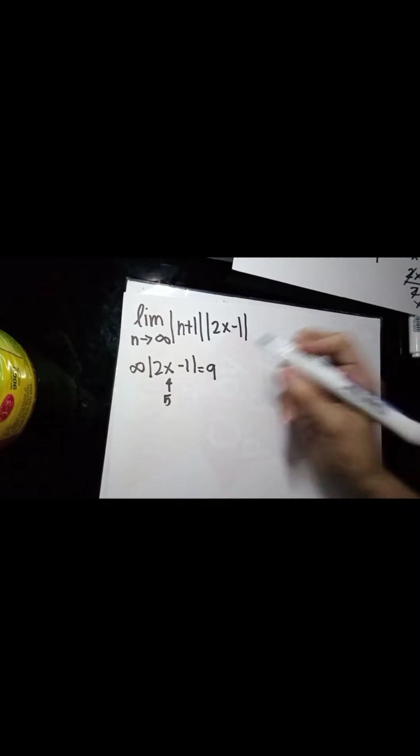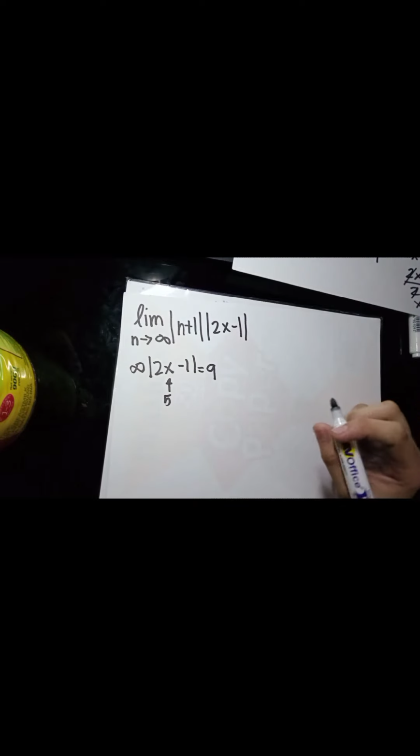So 9 times infinity is infinity. So whenever x does not equal 1/2, infinity times any kind of value is going to be infinity, and so the series is going to diverge whenever x is anything but 1/2.